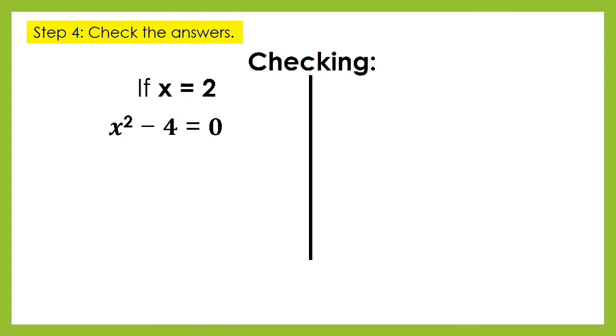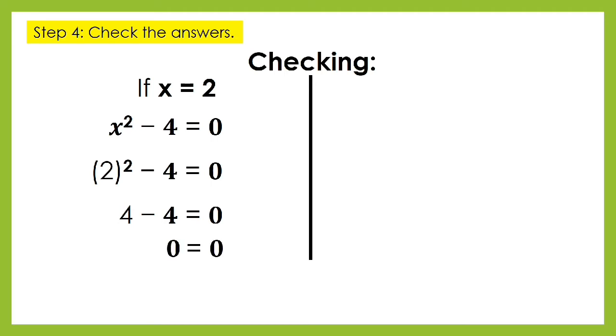Substitute to the original equation x squared minus 4 equals 0. We now have the value of x is 2, then squared minus 4 equals 0. Simplify, square of 2 is 4 minus 4 equals 0.